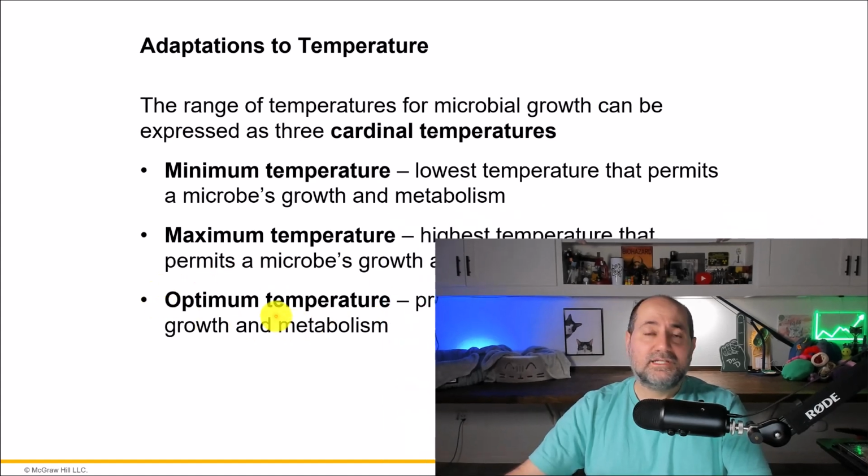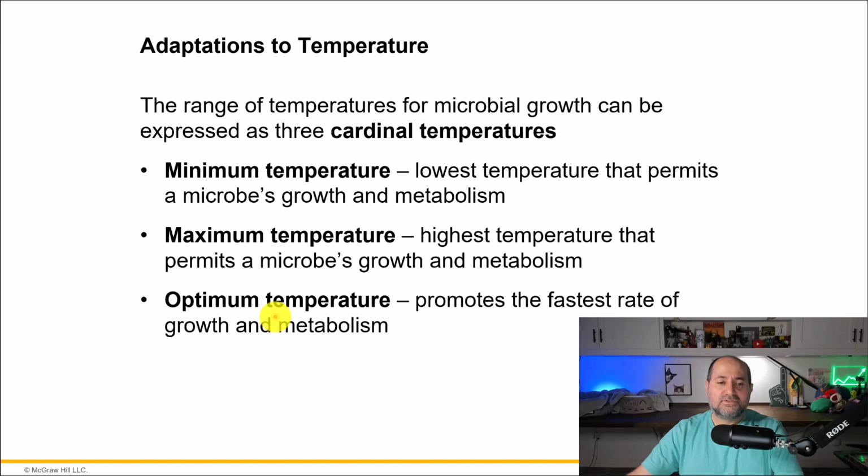And no, it is not the same for all the different microorganisms. The maximum temperature for an organism is the highest temperature that permits the microbe's growth and metabolism. Usually, if you go any higher than the maximum temperature that a microbe can tolerate, it will die, right? Because its proteins will denature and the cell will stop growing.